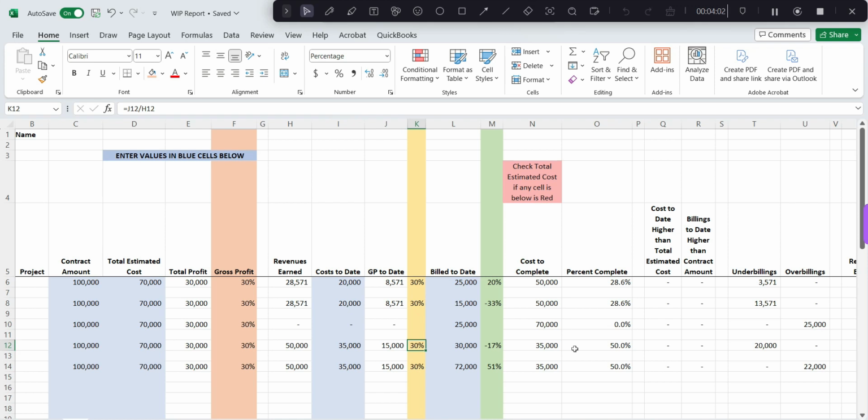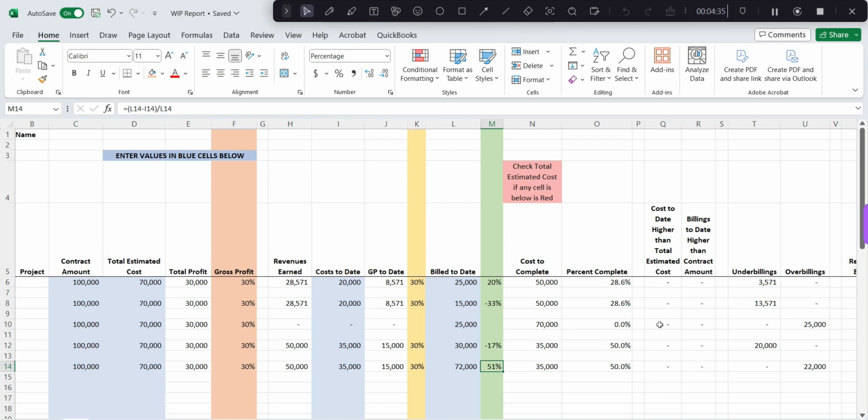Last but not least, this $35,000 cost to date in this last example, $72,000 billed to date, 51% gross profit just based off of the activity. 51%. Now, for the first time, not first time, we had it up here too, but in this example, we have 51% rate based off of our billings to date and cost to date.